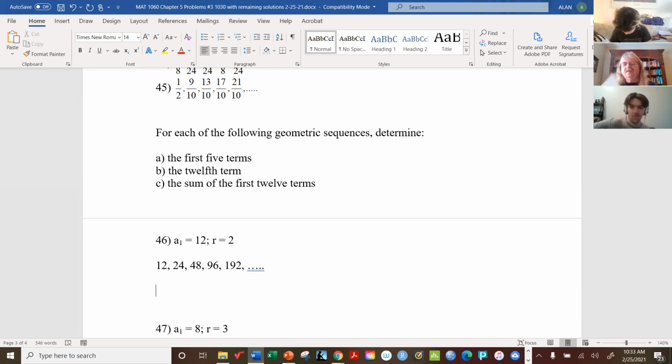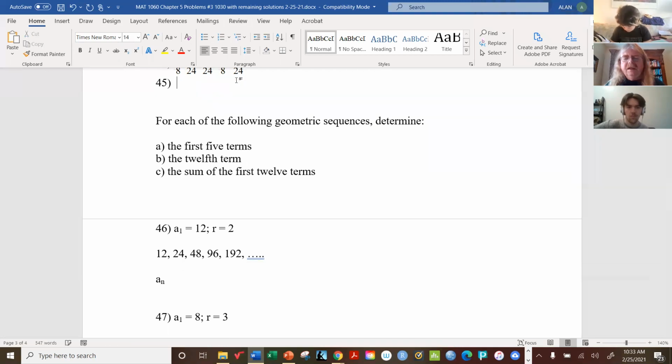The formula for figuring out the nth term in a geometric sequence is a_n equals a_1 times r to the n minus 1 power. So whenever we need to find the specific term in a geometric sequence, this is the formula that we'll use.